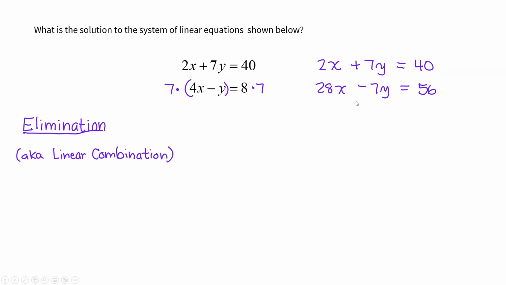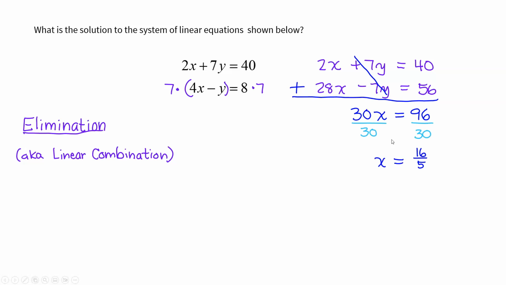Now, when I add these two equations together, the y's cancel, they're eliminated. That's why it's called elimination. It's called linear combination because you're adding two different equations together. I now have one equation, 30x equals 96, that can be solved for x by dividing both sides by 30. When you simplify 96 over 30, you get 16/5.